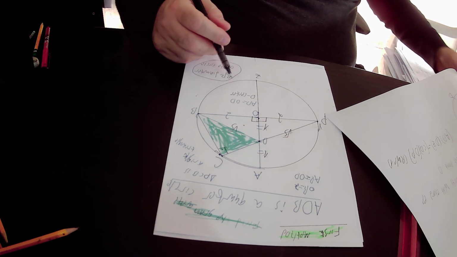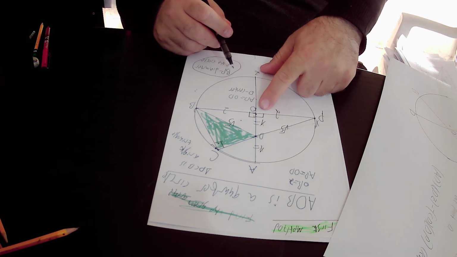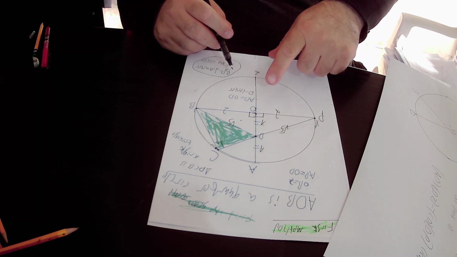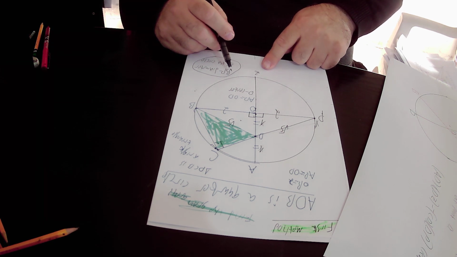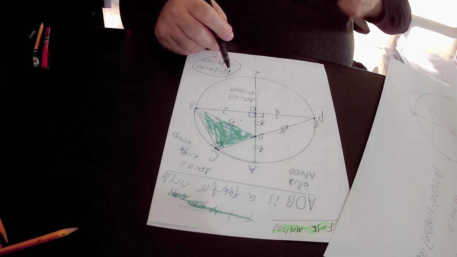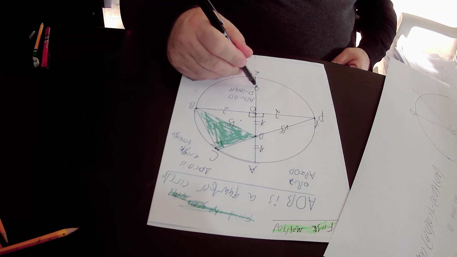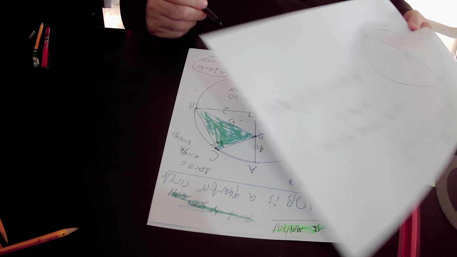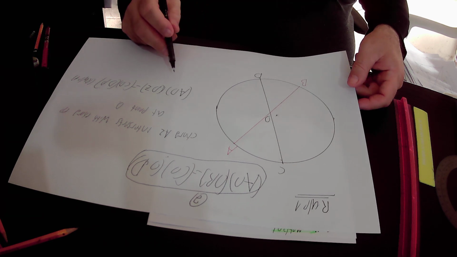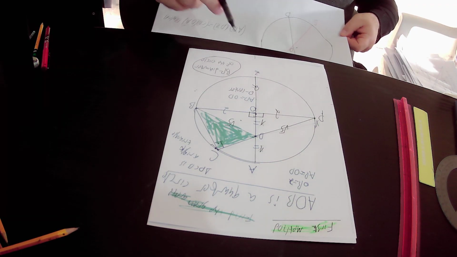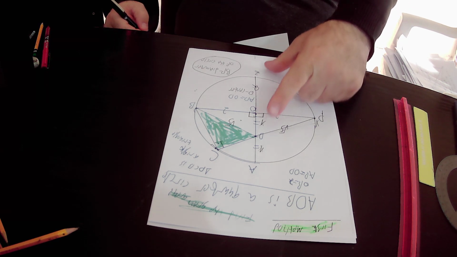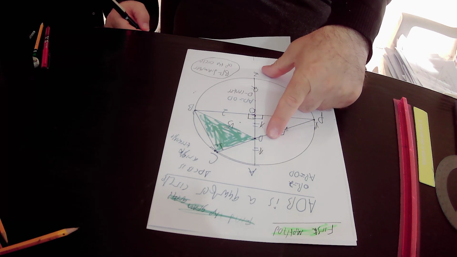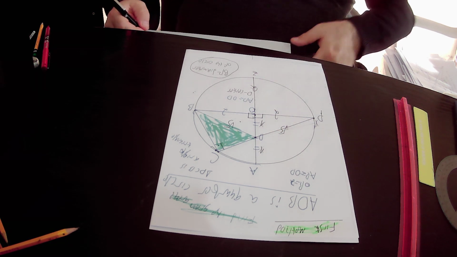Here, what is the length of line segment OZ? We know that O is the center of the circle and Z is a point on the circle itself, therefore OZ is the radius of this circle, which is equal to 2 units. So here AD equals 1 unit. DZ, from the drawing it is very easy to see that DZ equals 1 plus 2, that is 3.